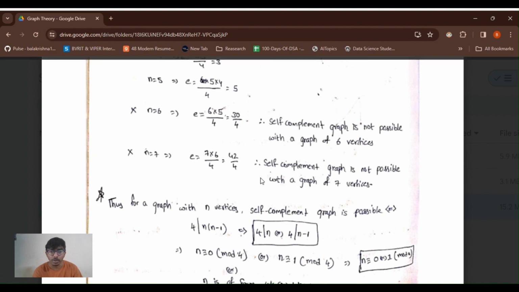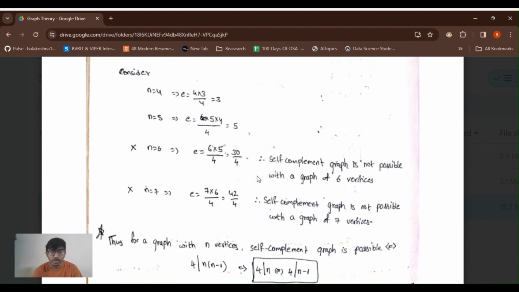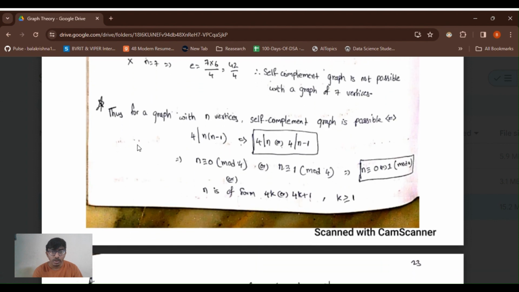A self-complement graph is not possible with a graph of 7 vertices. Thus, for a graph with n vertices, a self-complement graph is possible if n is 4k or 4k+1, that is, n = 4k or 4k+1.